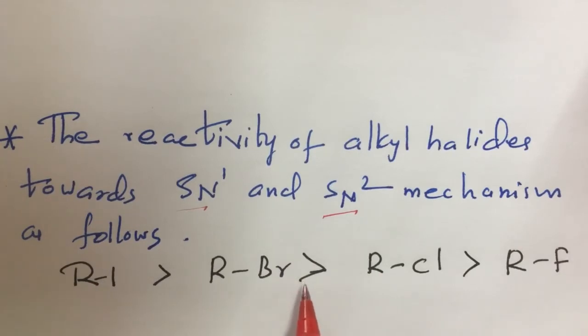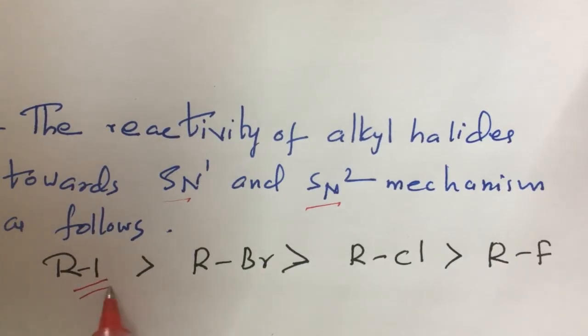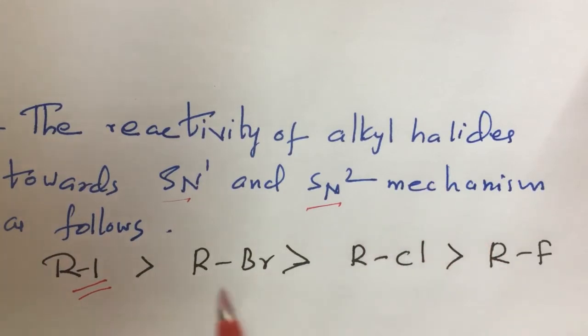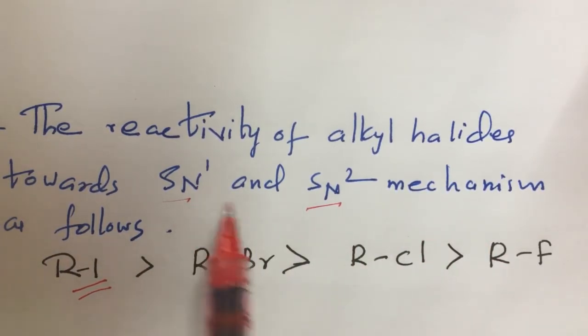Alkyl bromide reactivity is greater than RCl, and RF is least reactive towards SN1 and SN2 mechanism. Out of these different alkyl halides, alkyl iodides are more reactive in SN1 as well as in SN2 mechanism.